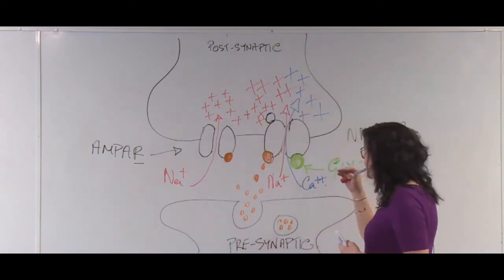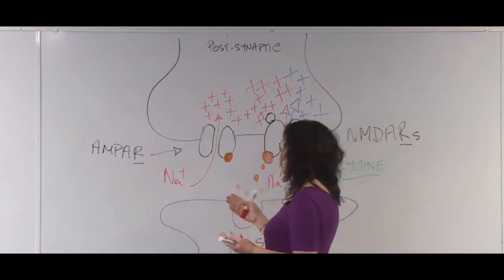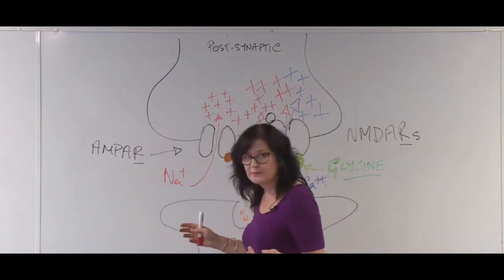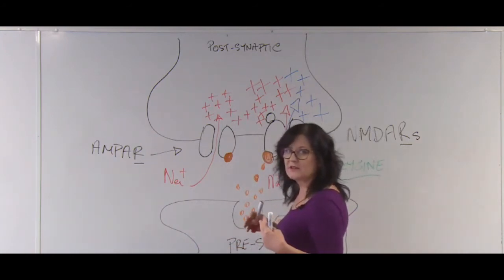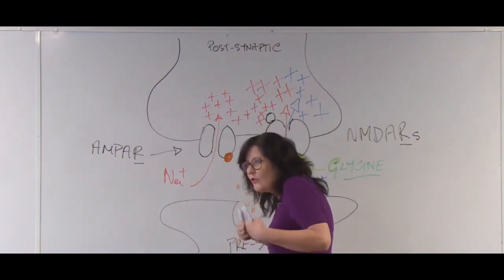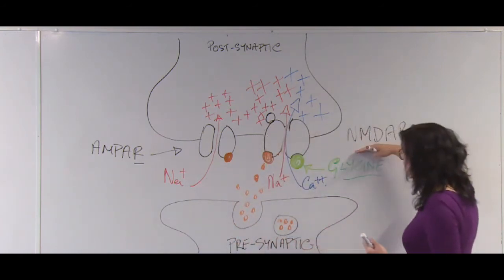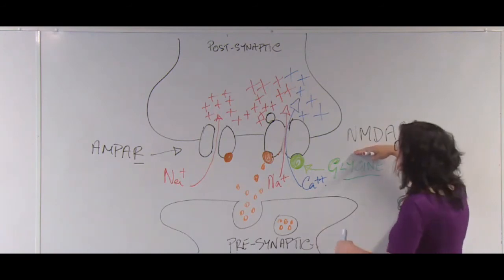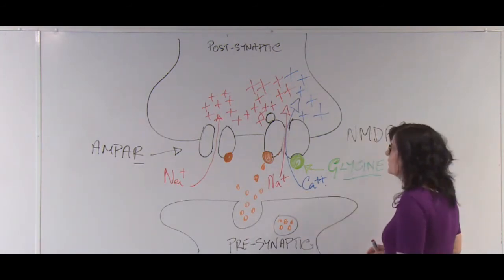So in minimal stimulation, an AMPA will open, we'll get an EPSP because we've got an influx of sodium. In stronger depolarization, stronger stimulation, we'll get these NMDARs opening in C fibers that allows an influx of sodium and calcium.